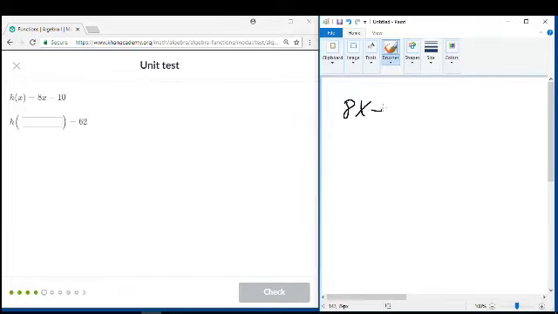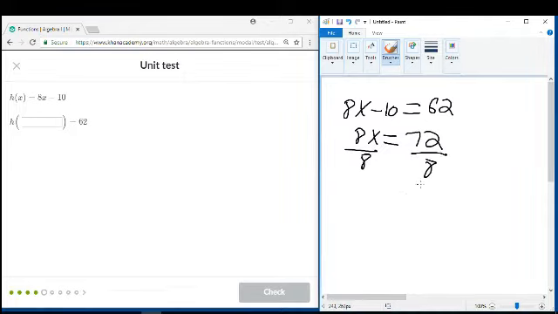So 8x minus 10 equals 62. 8x is equal to 72. Divide both sides by 8, and x is equal to 9. From the times tables, we know that 9 times 8 equals 72. So x is equal to 9.